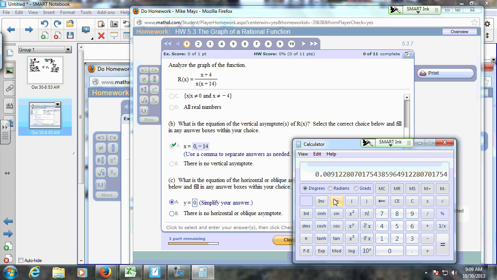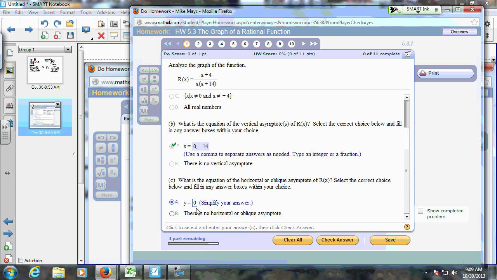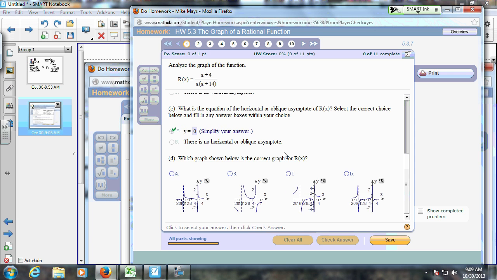The bigger I make x, the closer that ratio that defines the rational function gets to 0. So that horizontal asymptote should be y equals 0. So let's see if that's right. And yeah, good.